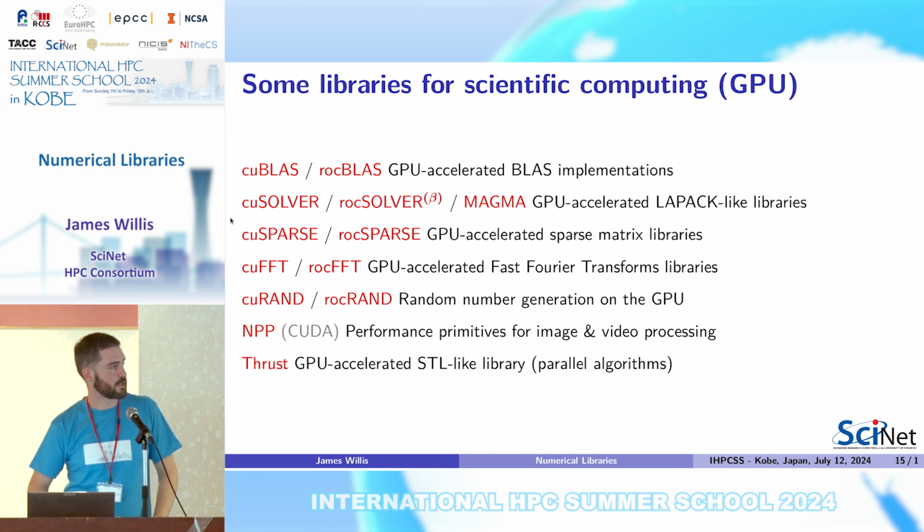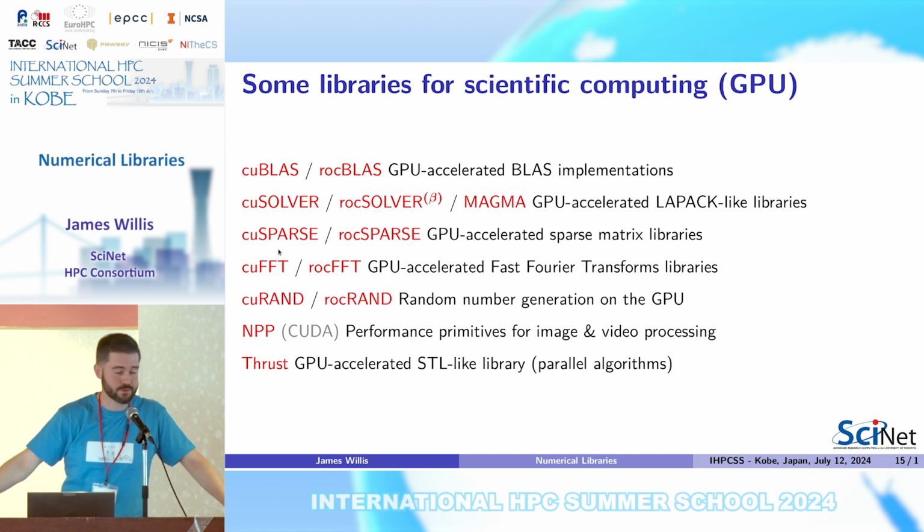Then we have cuSOLVER and rocSOLVER, and sparse, which are for sparse matrix operations. And cuFFT is the implementation on an NVIDIA GPU for fast Fourier transforms. But as you can see, there are equivalents for the different architectures, just to make sure it's optimized for that specific instruction set.